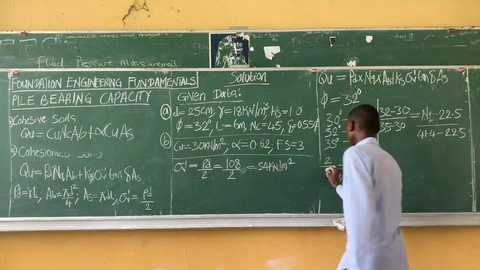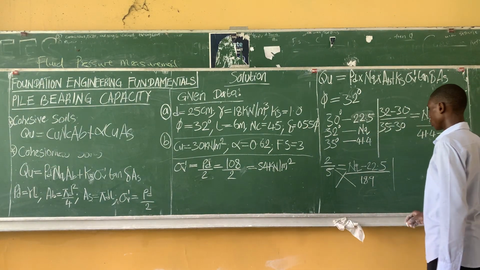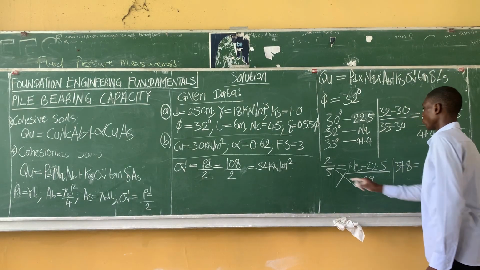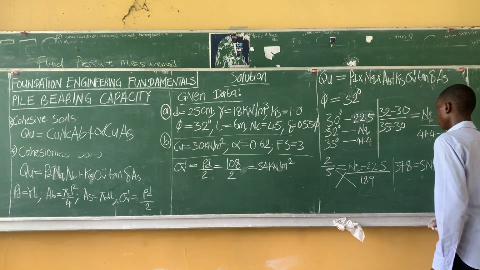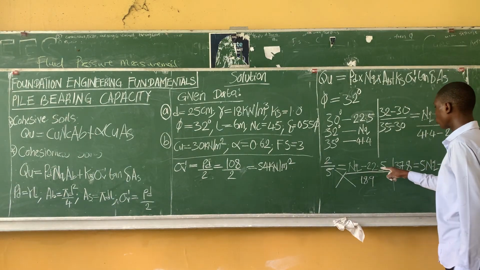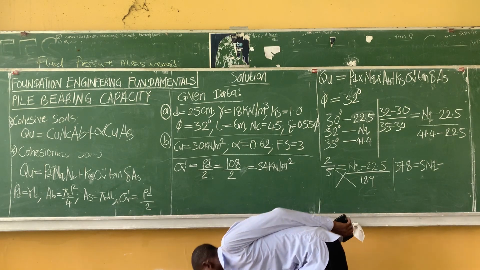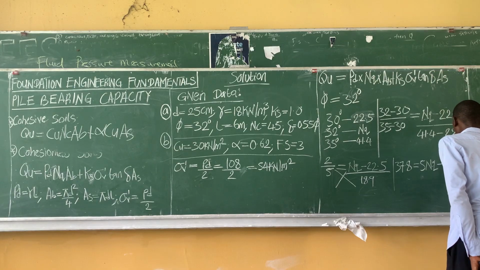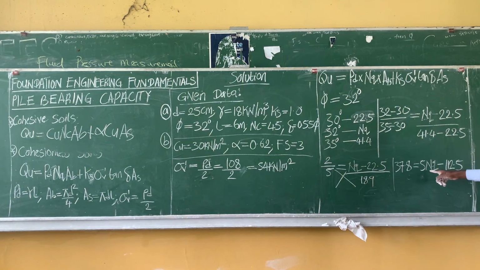So 2 times 18.9 will give us 37.8 is equal to 5 times NQ, that is 5 NQ, minus 5 times 22.5, which gives 112.5.